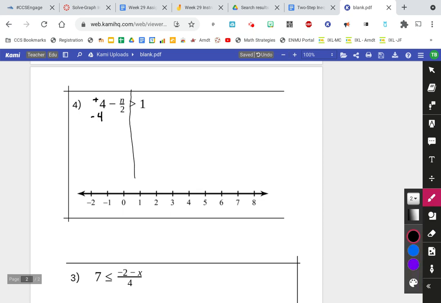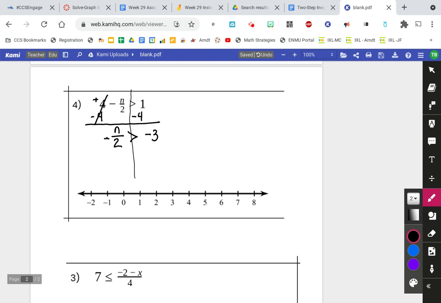But what we do to one side of an inequality, we have to do to the other. So 4 minus 4 is 0. So we're left with negative n over 2 is greater than negative 3.